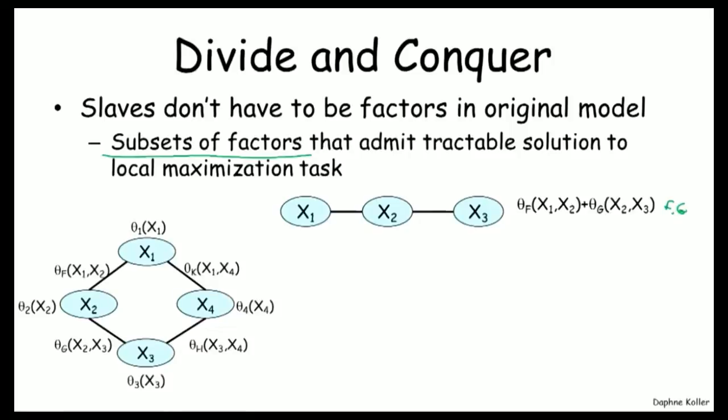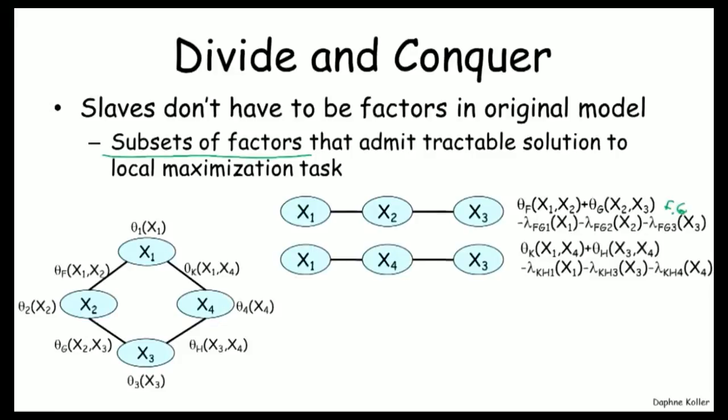And in this case, if we think about the agreement, we still have the 1, 2, 3, 4 slaves that represent the individual variables. And so now we're going to have to require that theta F agrees with a 1 slave on X1, with a 2 slave on X2, and with a 3 slave on X3. And so we have this expression which has a lambda term for each of those 3 variables.